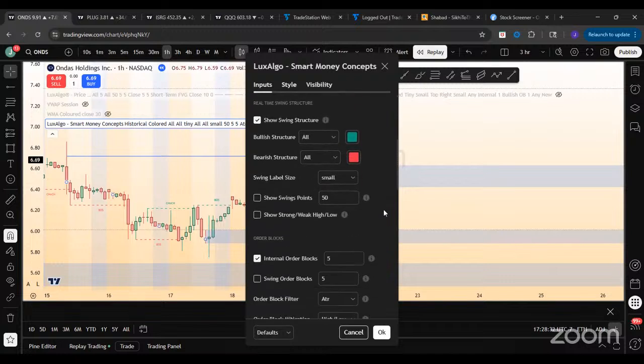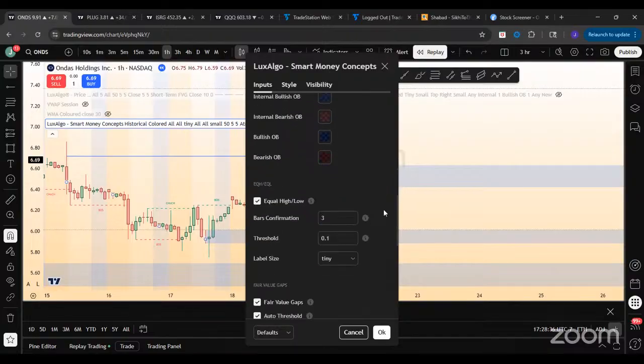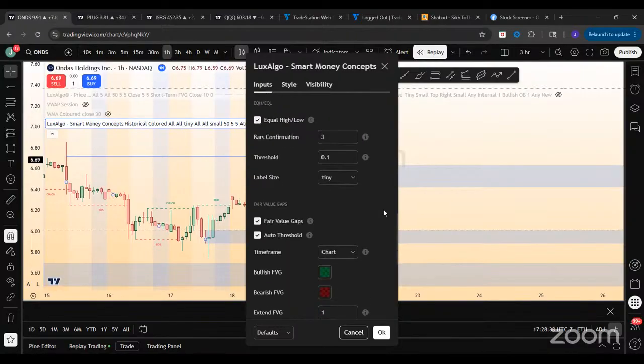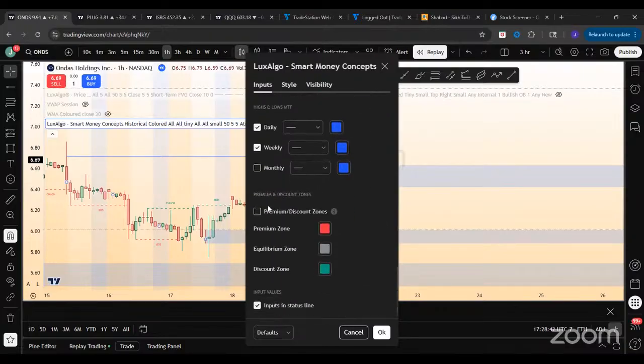There was one other thing. It also has a premium and discount zone. You can see how it works. I didn't fully backtest with this. To me, it was kind of distracting.